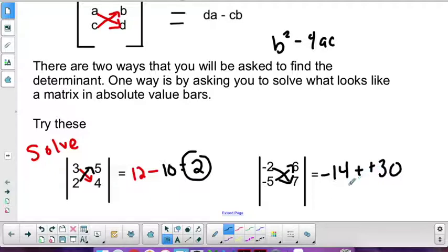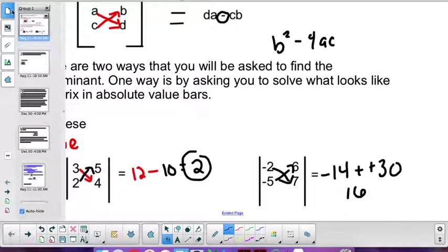We add the opposite basically. So negative 14 plus 30 is 16. And yes, you can have negative determinants as well. The answer can come out as a negative, and that's fine. But again, the biggest part that everybody needs to remember is that you are subtracting, no matter what the 2 products will be.